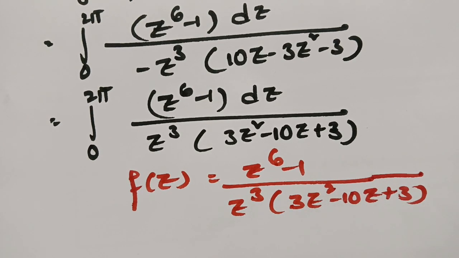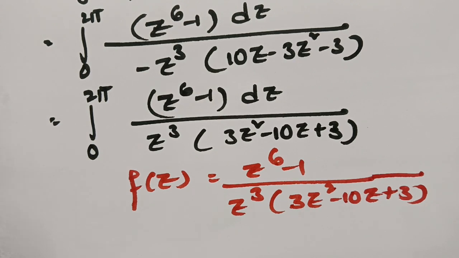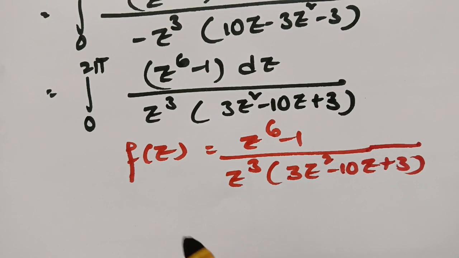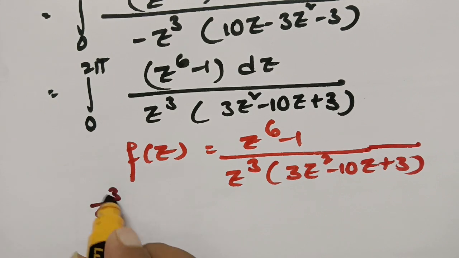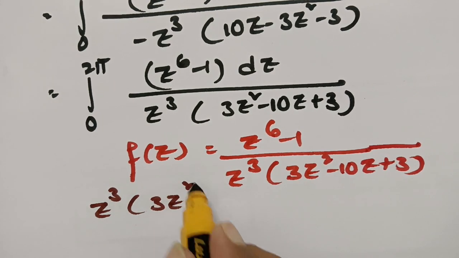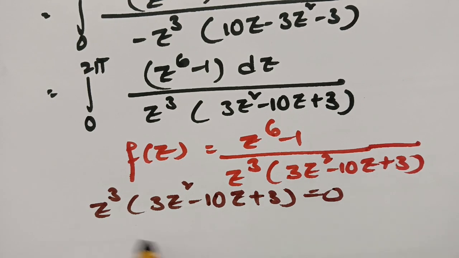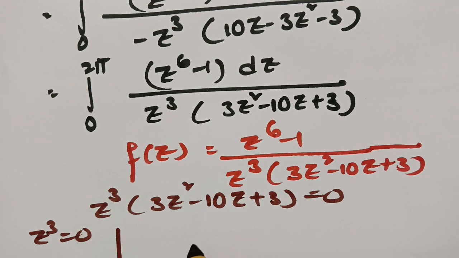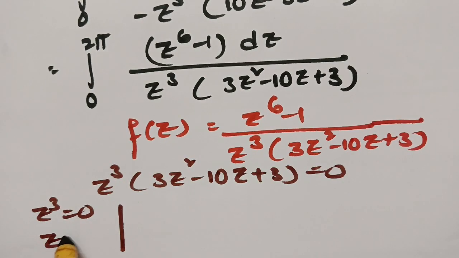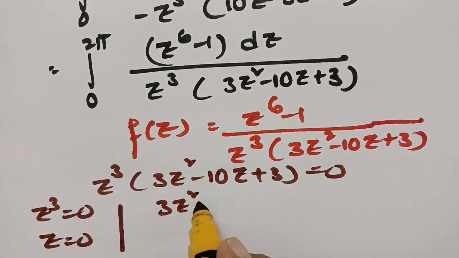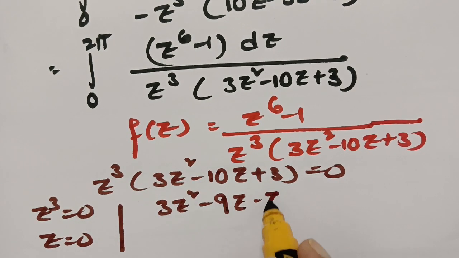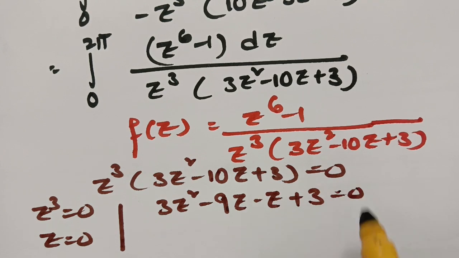As you know, in order to find the poles, what we have to do? We have to equate the denominator to 0. So z³ into (3z² − 10z + 3) is equal to 0. If I equate z³ to 0, z equal to 0 is one pole. Here 3 threes are 9, so this will be 3z² − 9z − z + 3 equal to 0.